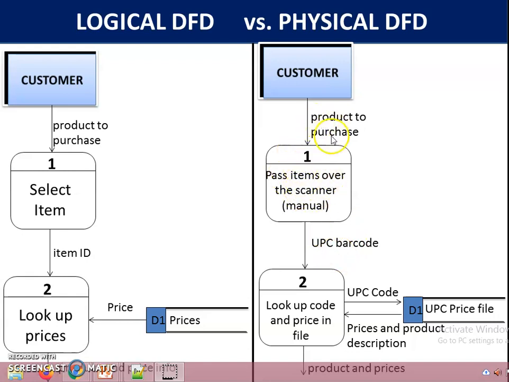So from product to purchase, it is now transformed into UPC barcode, which will serve as input to process number 2. So here we have only lookup prices. Then in the physical DFD, we have lookup code and price in file. So this is the basic difference between logical and the physical DFD.